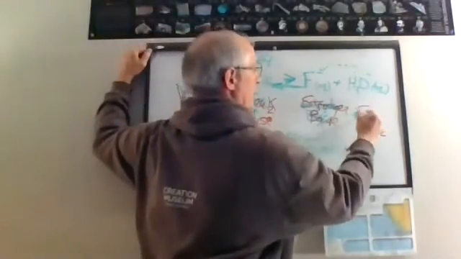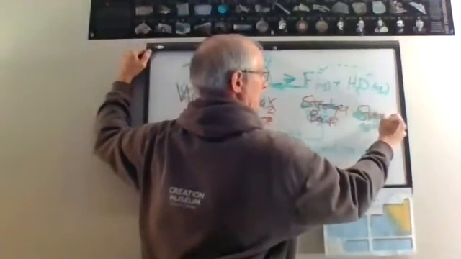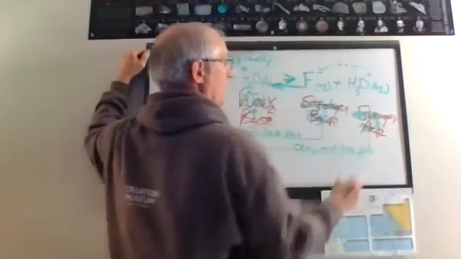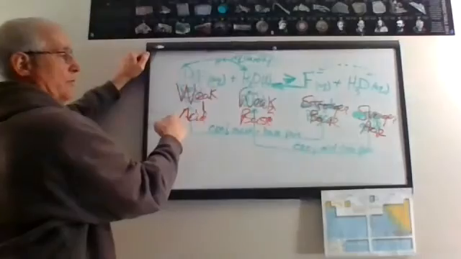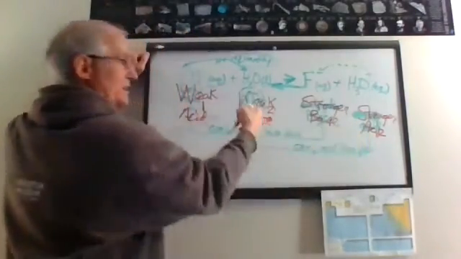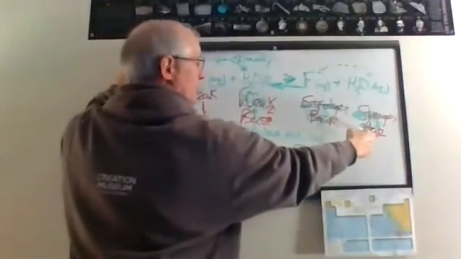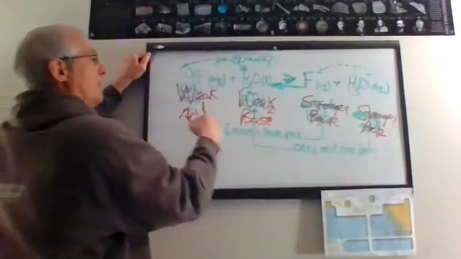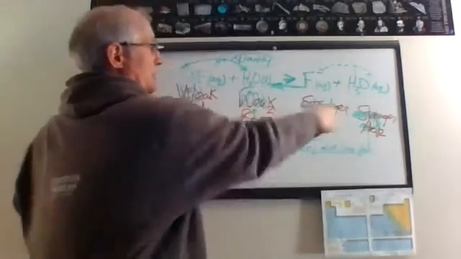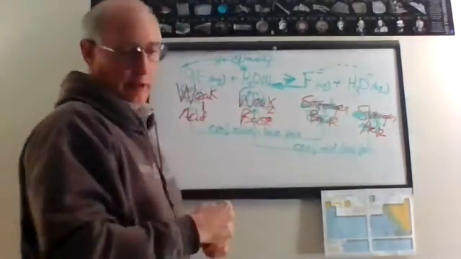And this is a stronger acid. Stronger acid than what? Well, then this acid over here. Well, I thought that that went with the base. Well, yeah, I know that's a conjugate acid-base pair, but when you compare the strength of it, you got to compare the acid with the acid. Okay, so it's either going to be weak, weak, strong, strong, or strong, strong, weak, weak.